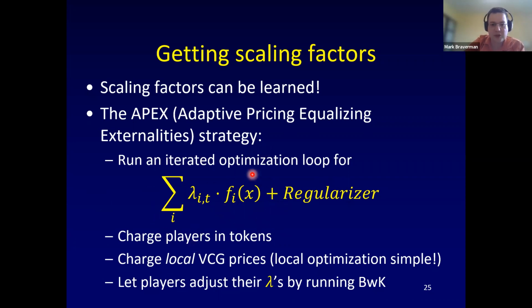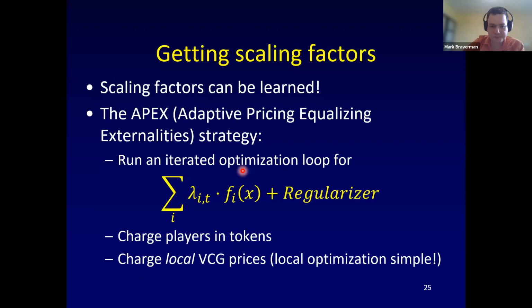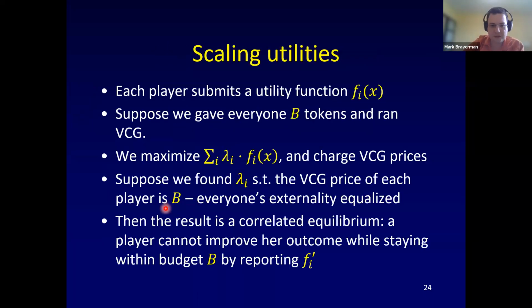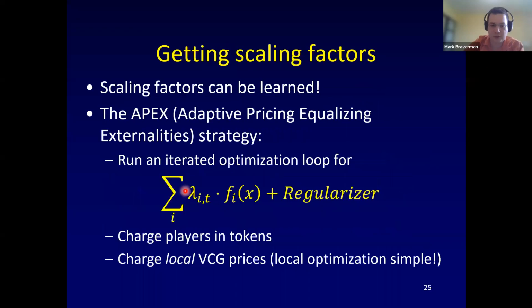At every step, each player is being charged in tokens, and they have a long-term budget in tokens, and their goal is to maximize their utility subject to the token constraints, which will cause the externalities to be equalized.